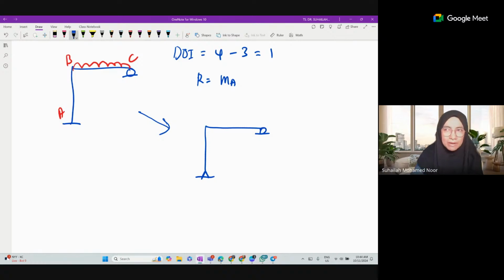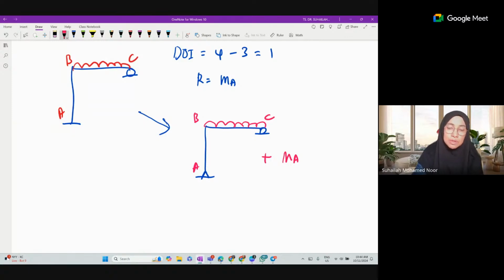So this is a determinate frame. Loading is still there. A, B, C: this is the determinate frame after removing moment at A. So this will be the first possibility.